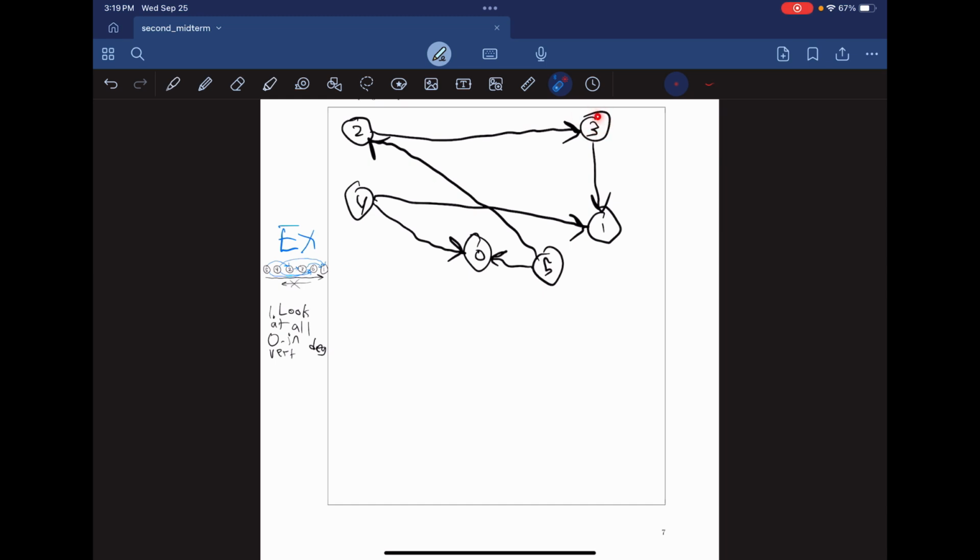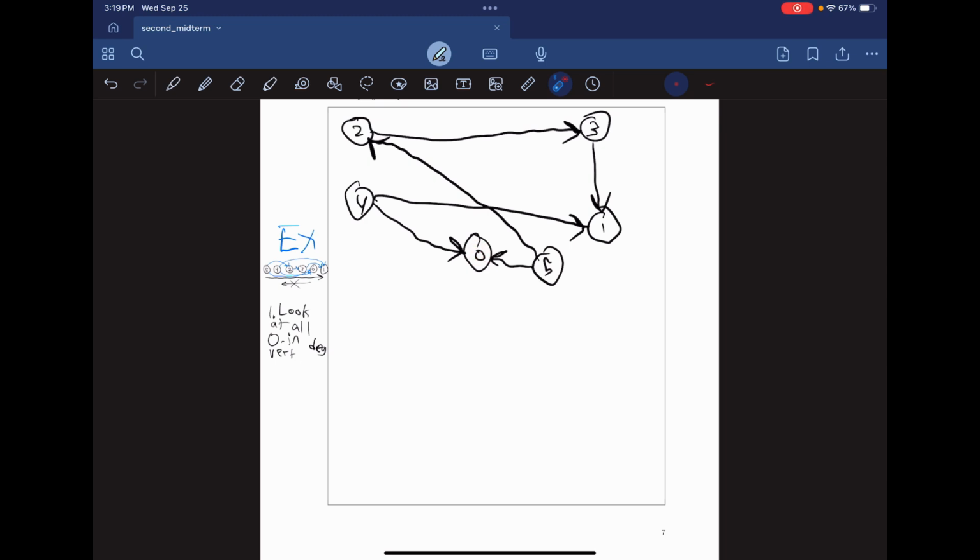Looking at 3, we have an edge going in and an edge going out, so the in degree is 1. Looking at 1, we have 2 edges coming in, but none going out, so the in degree is 2. Looking at 5, we have 2 edges going out, but none coming in, so the in degree is 0. And looking at 0, we have 2 edges coming in and none going out, so the in degree is 2.